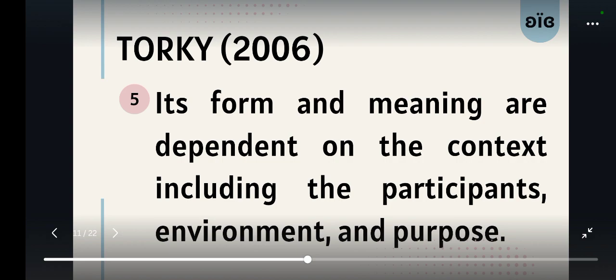So in doing this skill, they should put in mind who the participants are that they will be dealing with, where it is going to happen, and why they are going to have it. So that's one of the importance of teaching speaking to the students in order for them to understand this context.